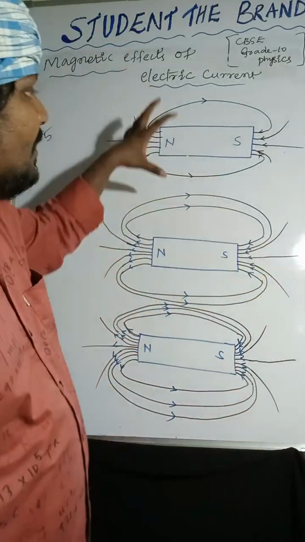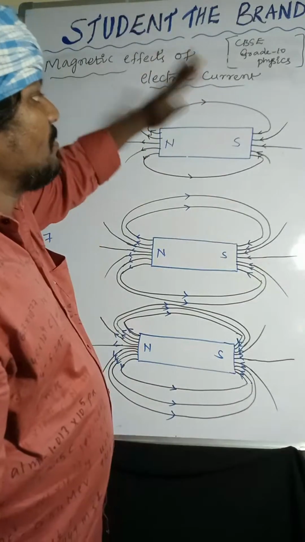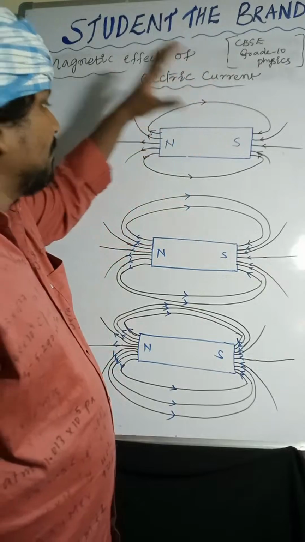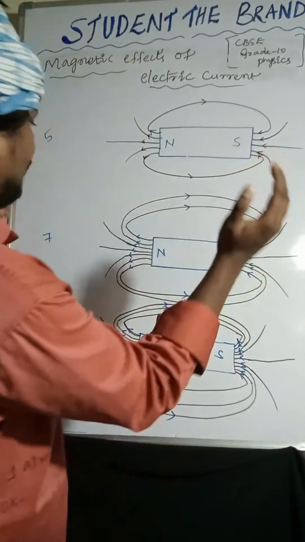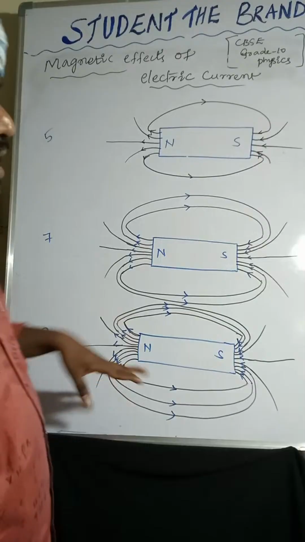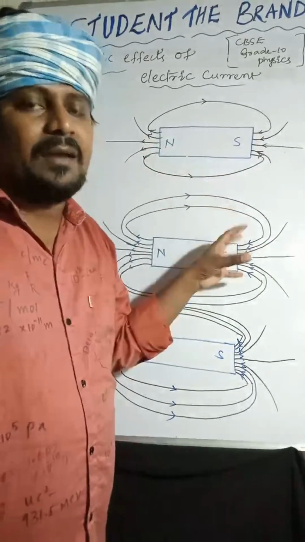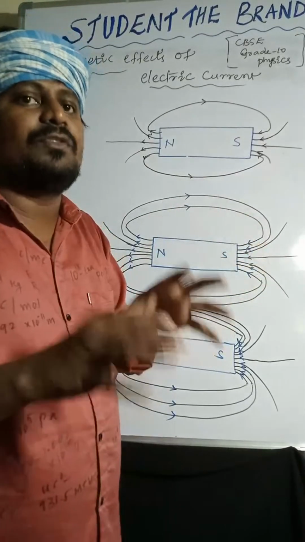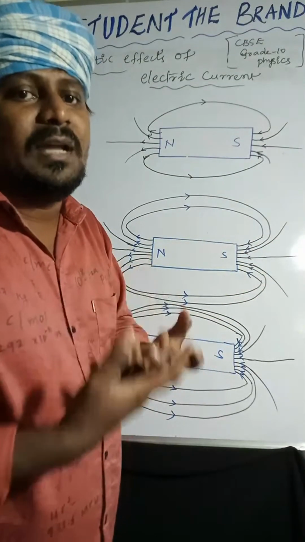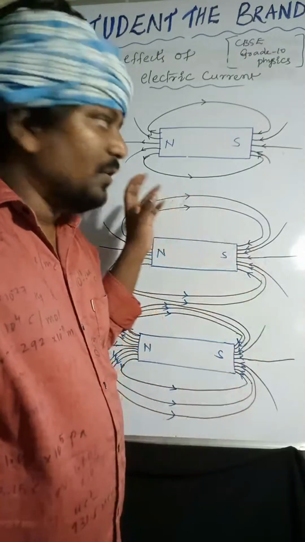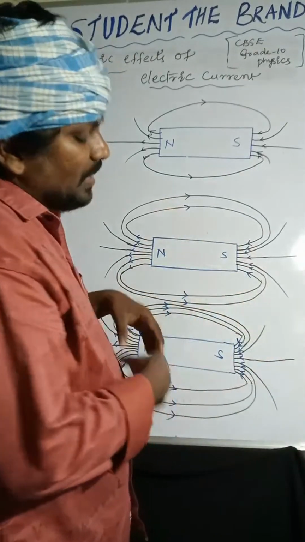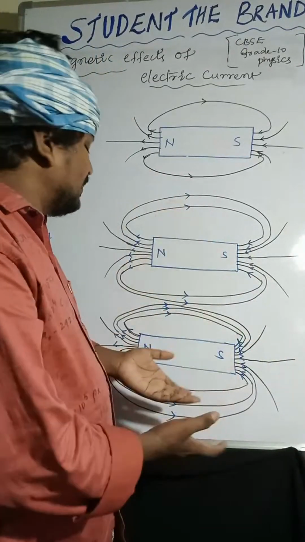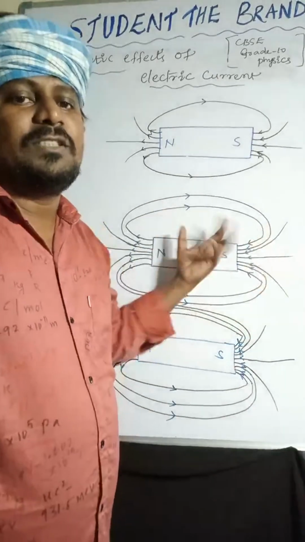Okay, so this is about the magnetic field around the bar magnet. The magnetic field around the bar magnet diagram. You can use 5 lines, 7 lines, or 9 lines. Whichever diagram is easy for you, you can select one diagram and follow it.